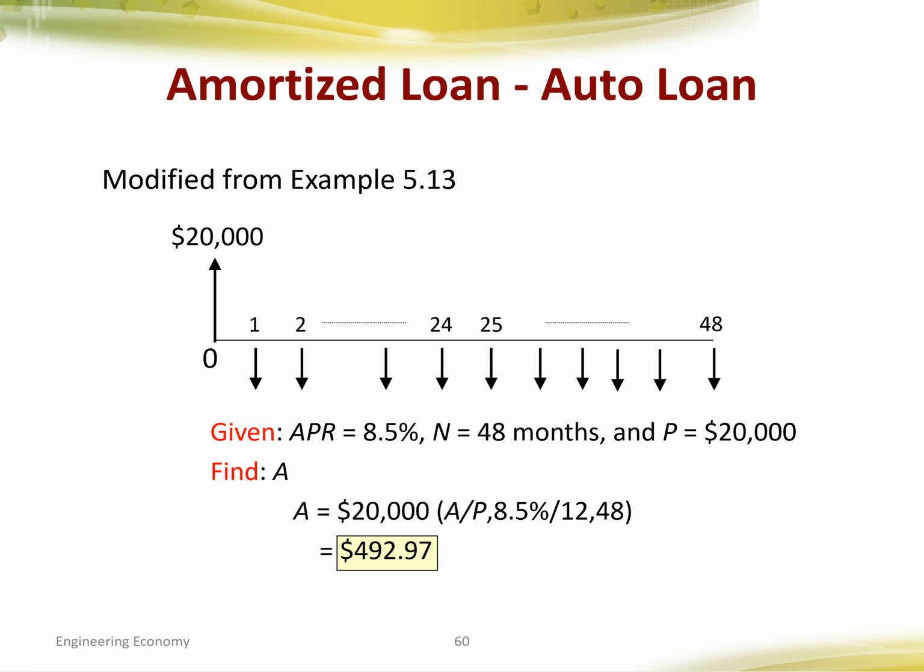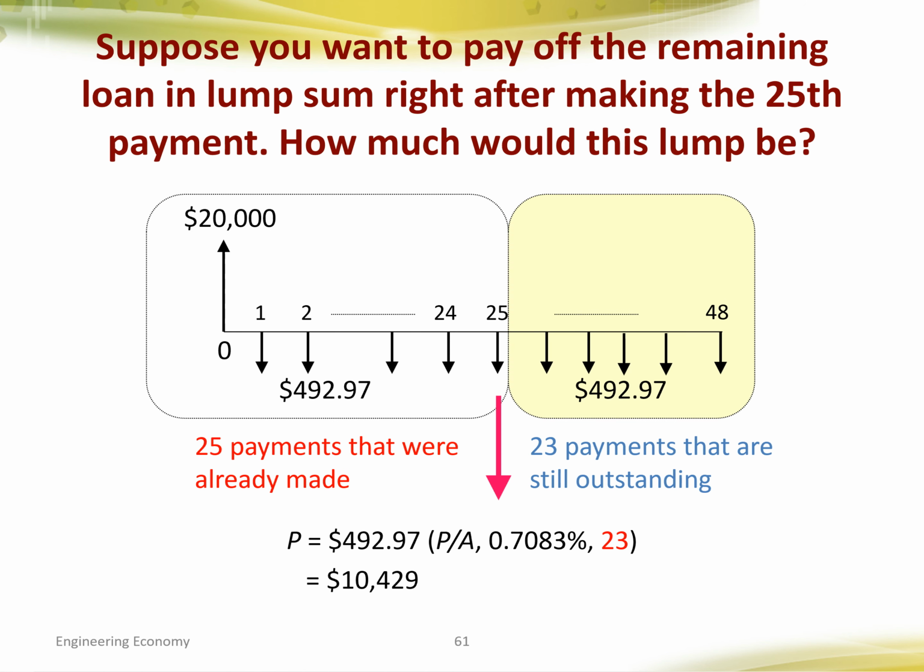The interest period is month by month. So we take this present value 20,000 as P, find A, and the monthly rate will be 8.5% divided by 12, for 48 periods, and you will get 492.97. So that's what you will pay every month for 4 years. This is the amortized loan, which you have seen before.